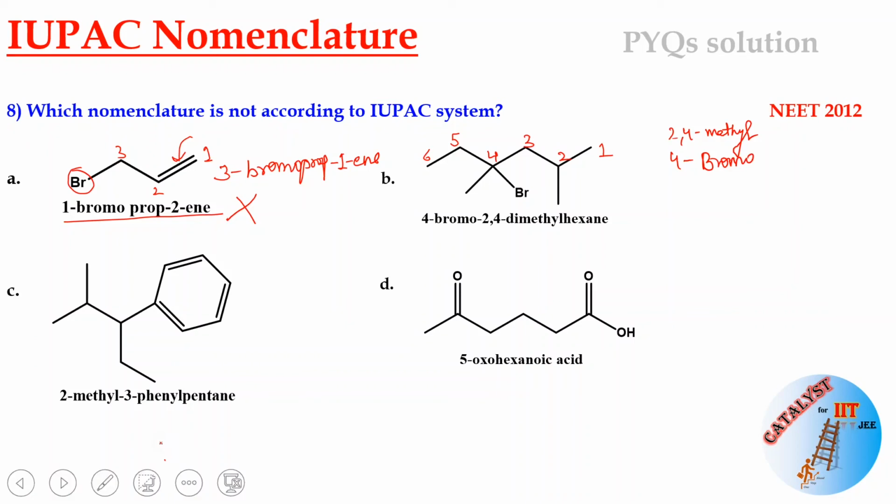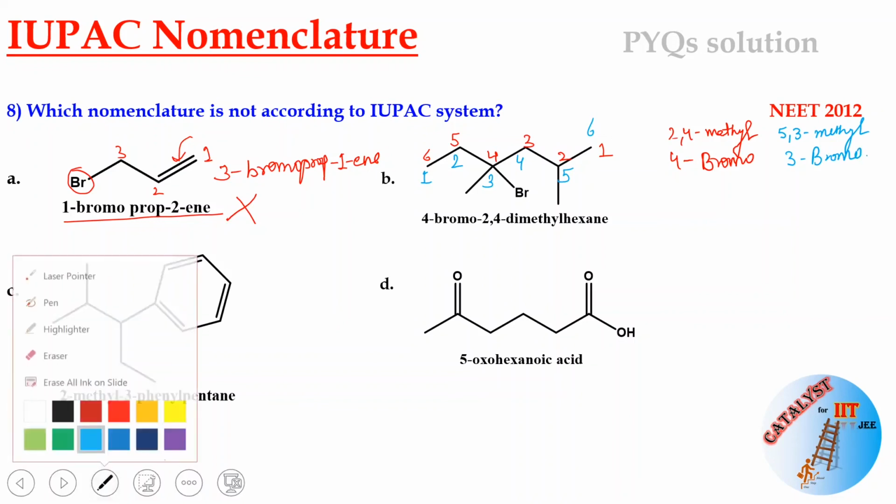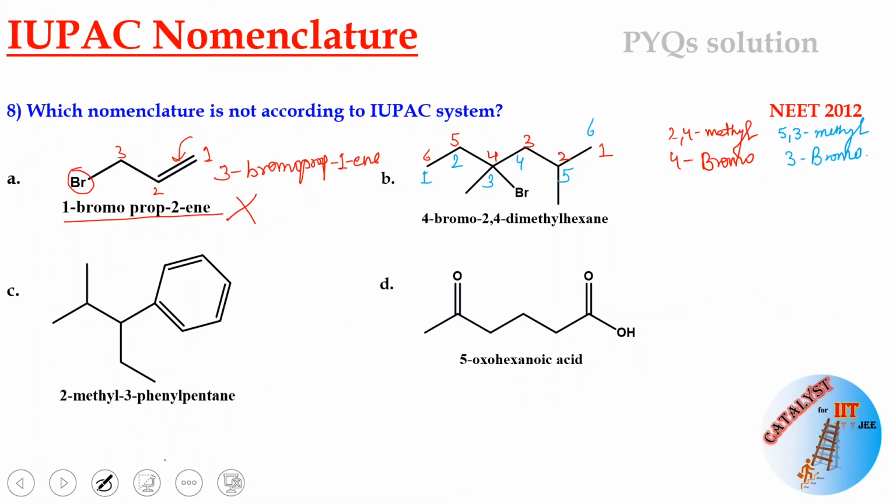Okay, if you choose your second way, 1, 2, 3, 4, 5 and 6, it means on fifth and third your methyl is present, and on third your bromo is present. Okay, now it is quite clear that on the second position methyl is present. You should give the lowest possible number to your substituent. So that's why this way is the correct way to number your parent chain.